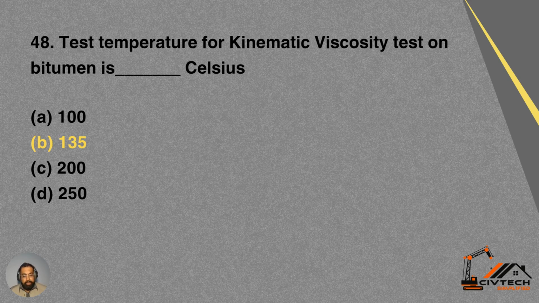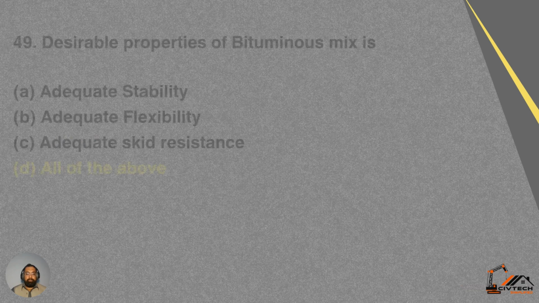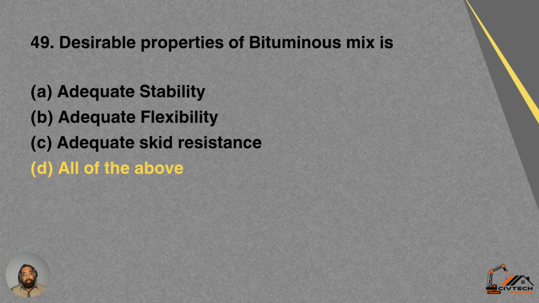Option B, 135 centigrade. Option C, 200 centigrade. Option D, 250 centigrade. So 135 is the correct option, which is option number B. Test temperature for kinematic viscosity test on bitumen is 135 centigrade. So B is the correct option for this question.